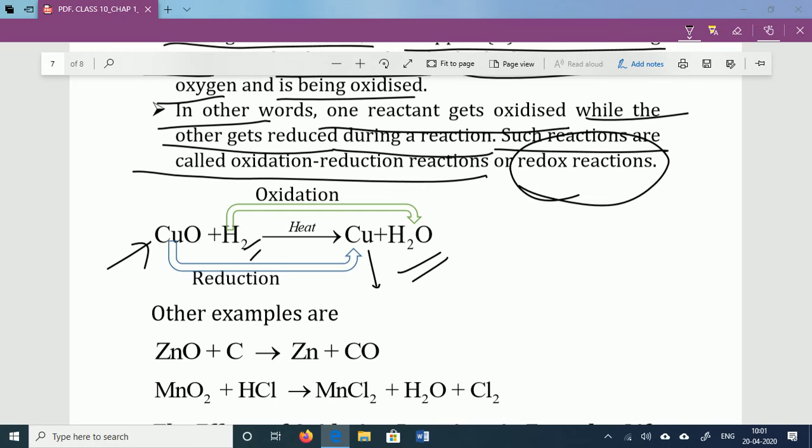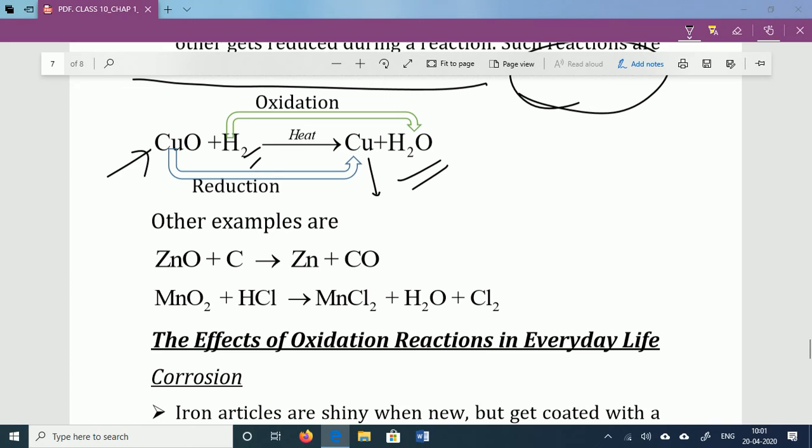Another example is ZnO plus carbon gives Zn plus CO. So ZnO undergoes the reduction process, while carbon to carbon monoxide is the oxidation process. In the same way, MnO2 to MnCl2 is the reduction process, and HCl to Cl2 is the oxidation process.